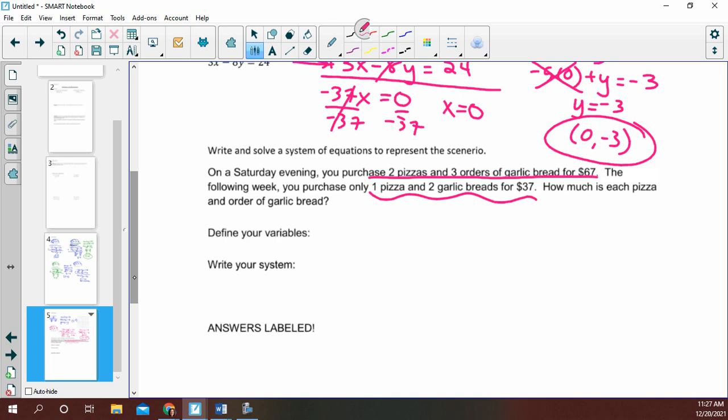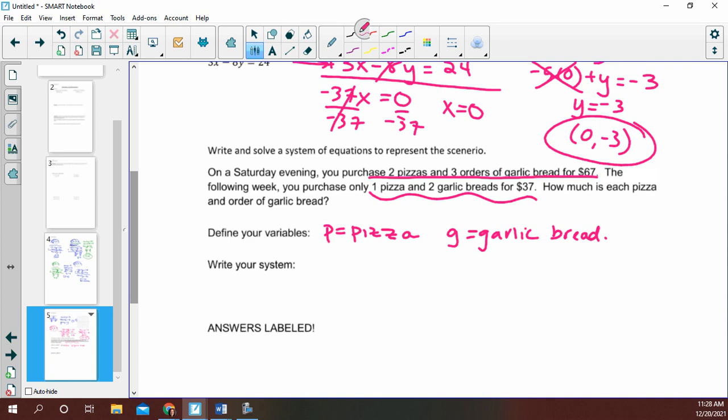So first off, define the variables. I'm going to use P for pizza and G for garlic bread. Okay, so my first one, 2 pizzas, 3 orders of garlic bread for $67. So I don't know how much they are. If my pizzas cost me $12 and I bought 2 of them, that'll cost me $24, mentally multiplying.